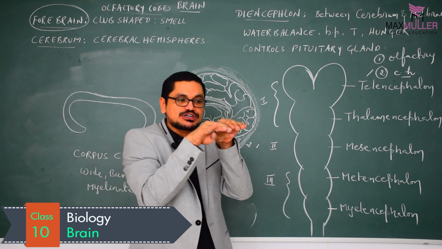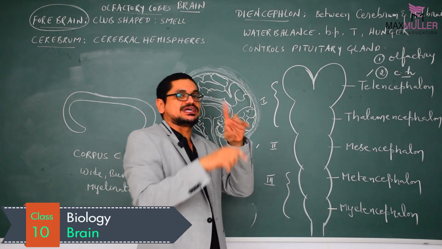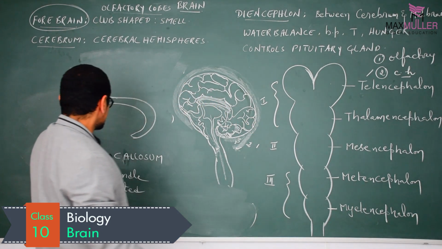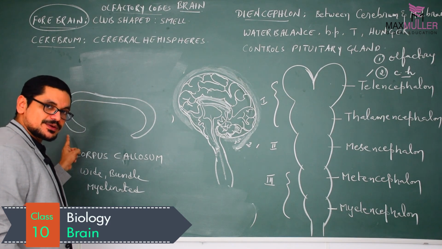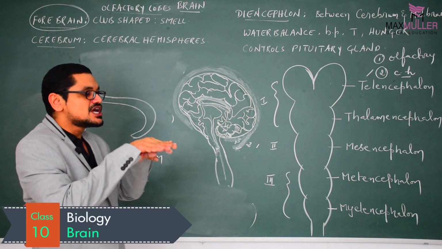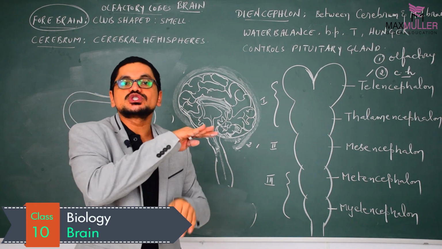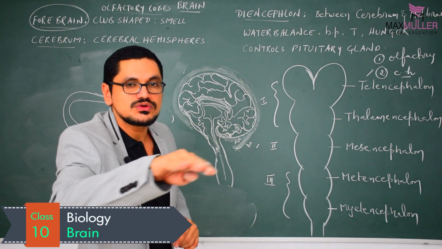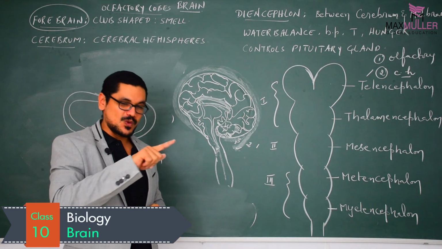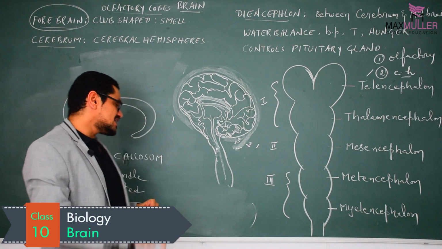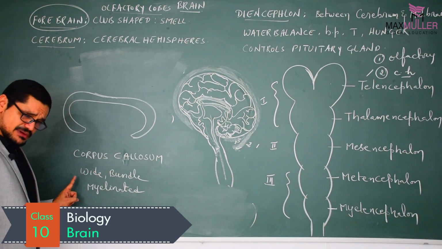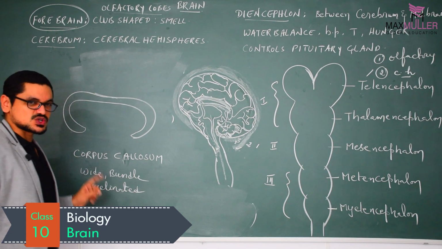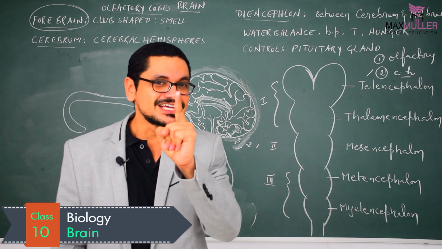The right and left parts of the two cerebral hemispheres are connected by this commissure, this connection, called the corpus callosum, which is a wide, flat, transverse nerve bundle. A wide, flat, myelinated nerve bundle is called the corpus callosum.